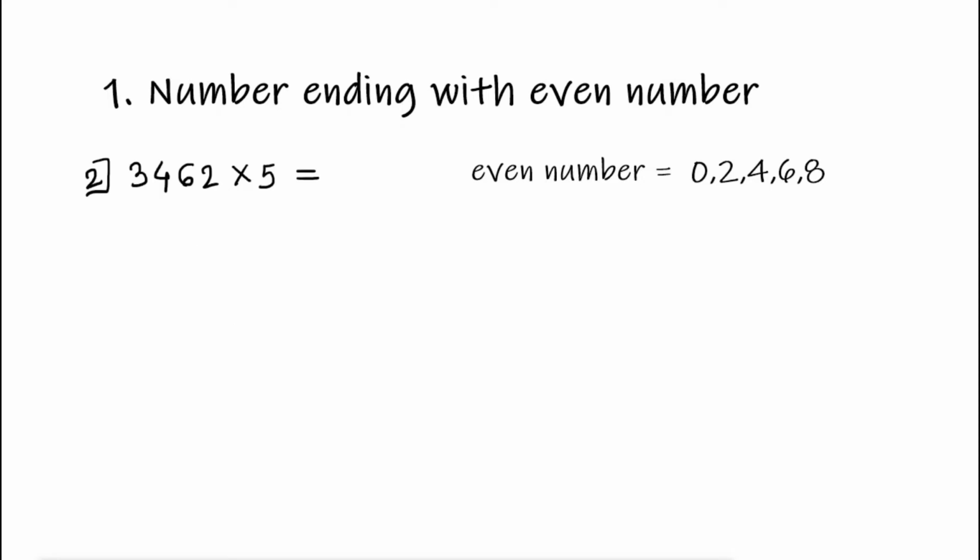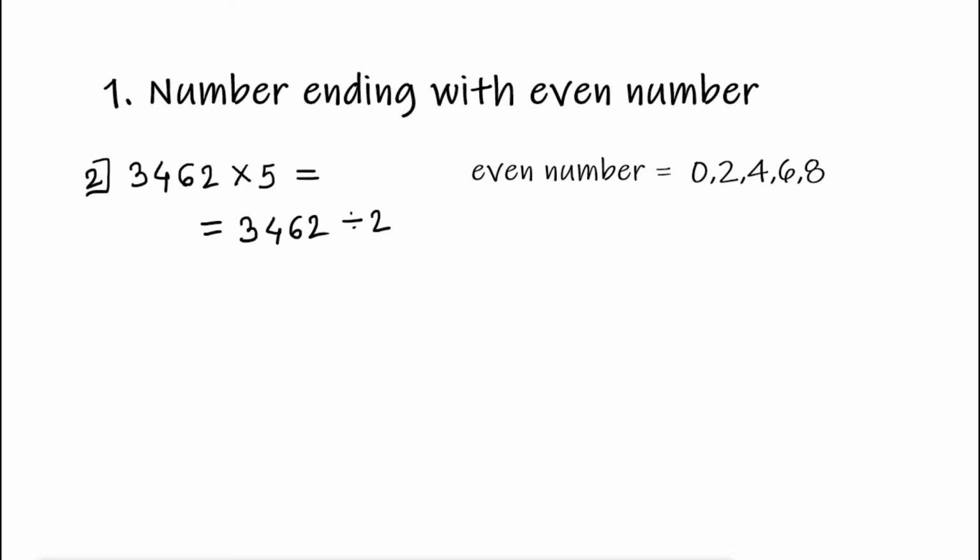Let's take one more example: 3462 multiplied by 5. The last digit is 2, which is an even number, so the whole number is even. First step: divide the number by 2.